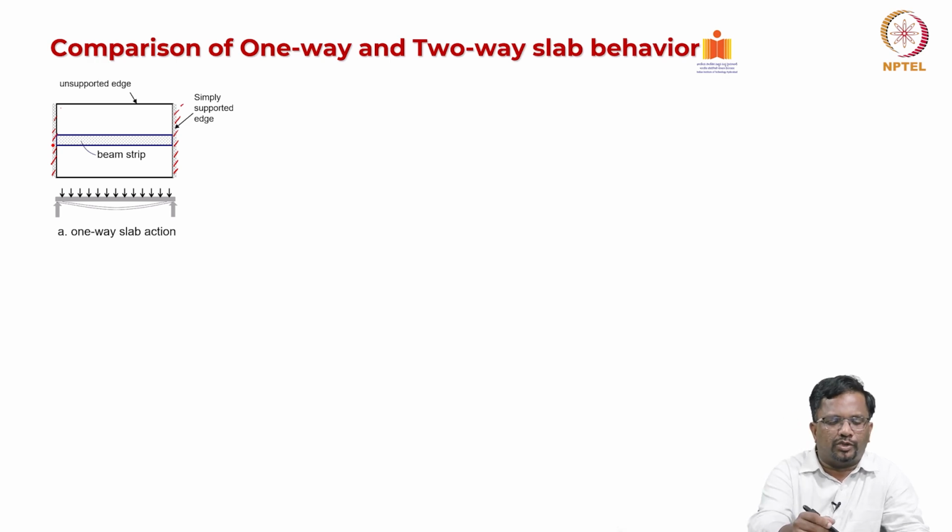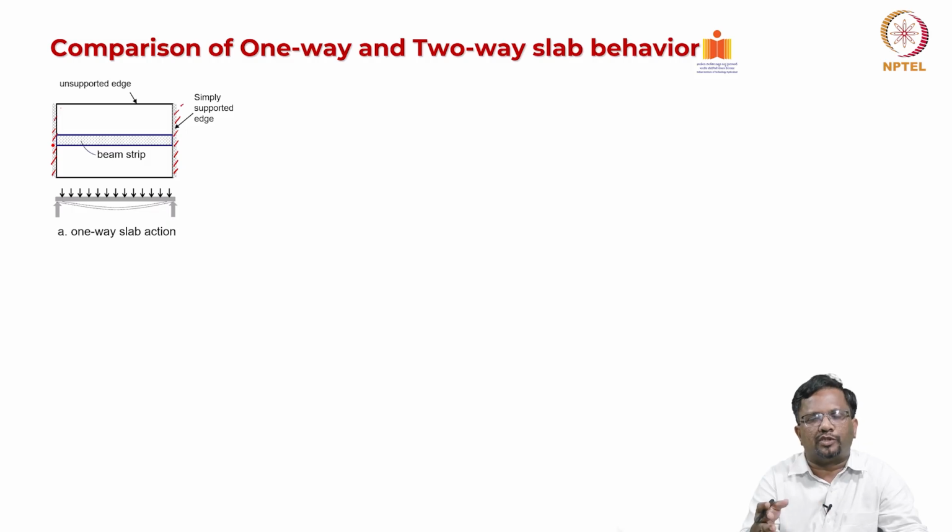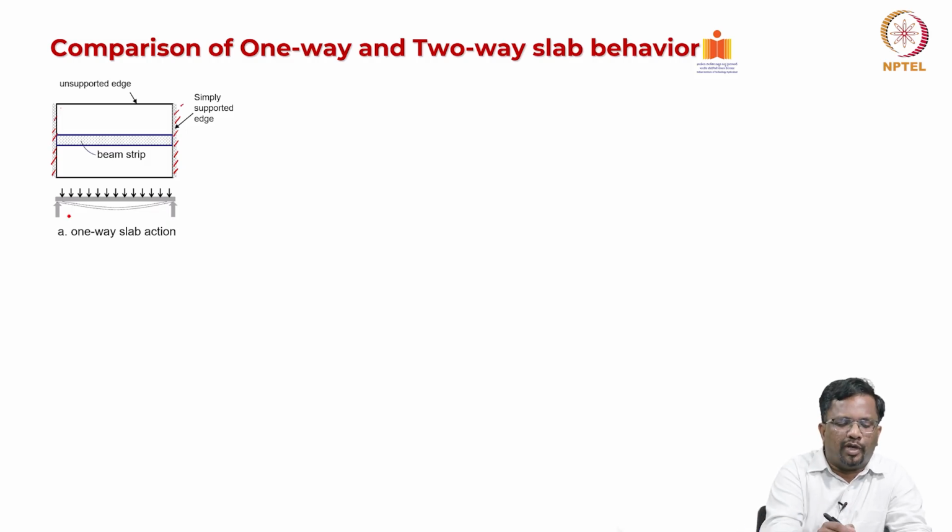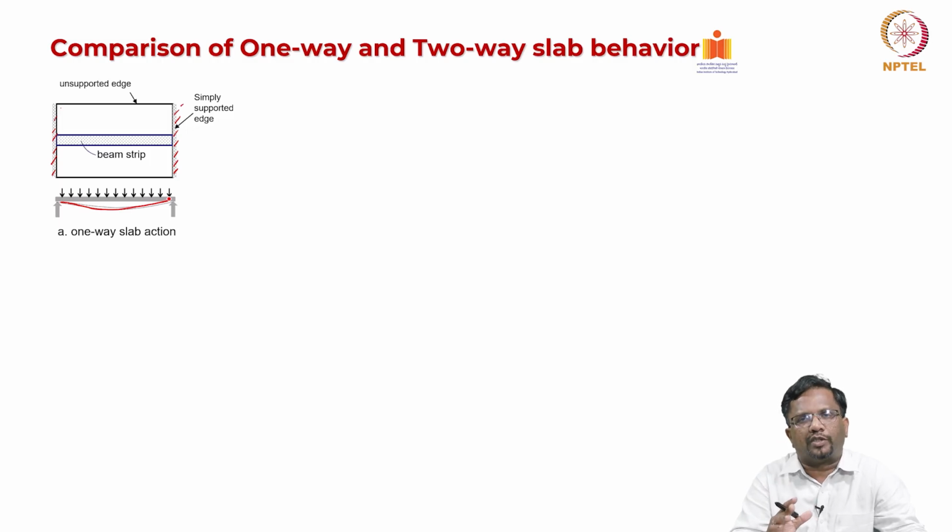That means the other two sides are unsupported, they are all free edges, so the load has to be transferred to the supports. So the slab has to bend only in one-way action. The two-way or one-way action is not only about the span ratios, it is also about how it is supported.